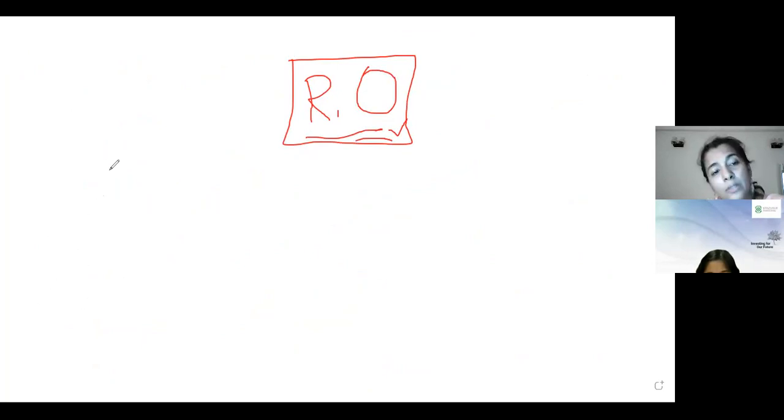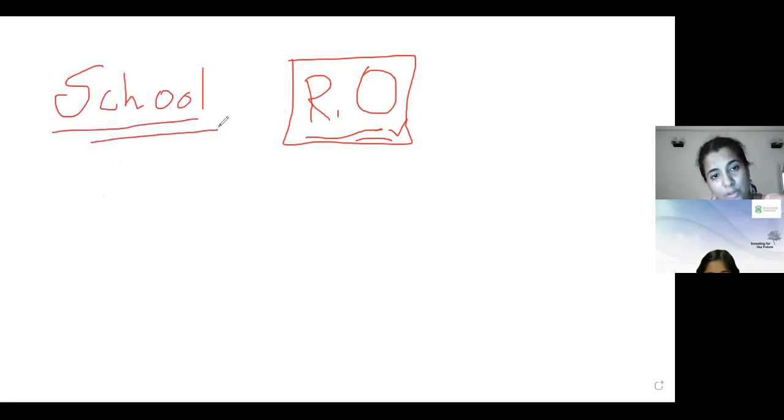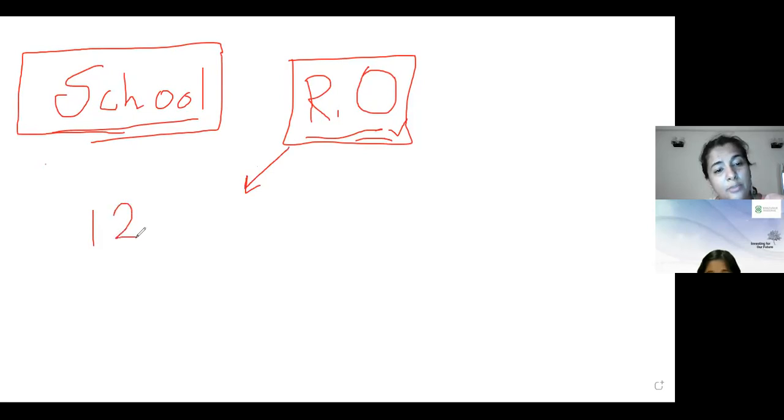Okay. Now, in your school, your teachers would probably have taught you this particular method. Okay, they will teach you this method. How? Let's say the question is round off 127 to the nearest tens. So what your teacher will tell you to do, look at the place value of the tens, look at the number on the right.